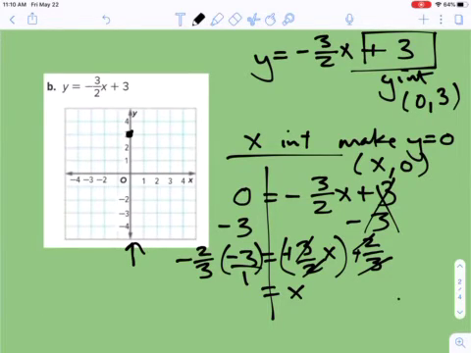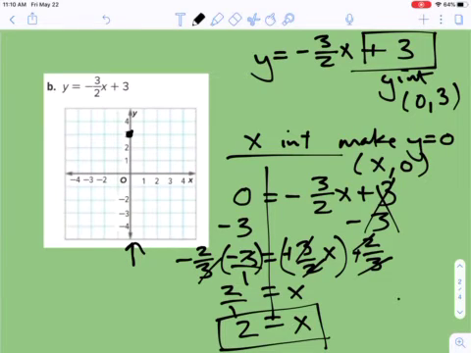If you have 3 over 3, those are going to cancel out, right? And so you're left with a negative times a negative, which gives you a positive, and then you would have 2 over 1, which is the same thing as 2. All right, so my x-intercept is going to be the number 2.